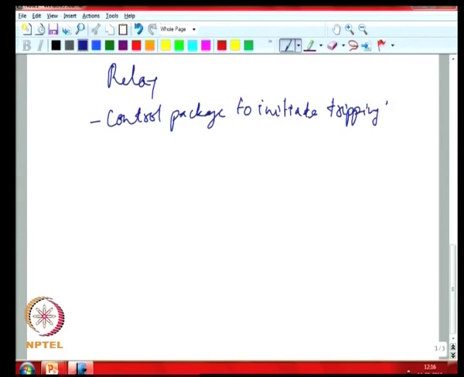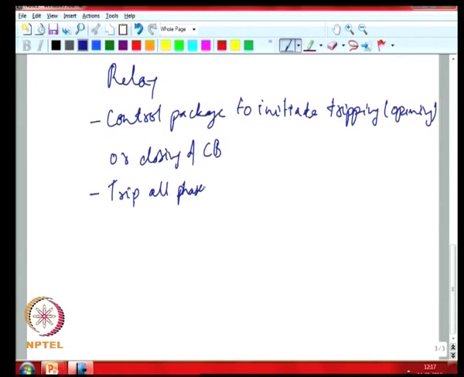Tripping or opening. Relays tend to be more expensive. The newer relays that are available today are mostly electronic relays. So, with a relay now you can actually trip all three phases, so you can ensure that all the phases get disconnected simultaneously.